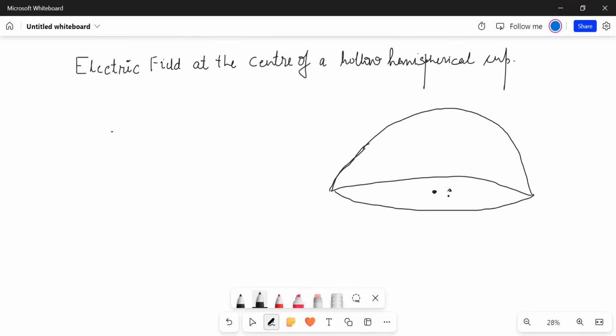So we want to find electric field at the center of it, and let us consider it to be uniformly charged.